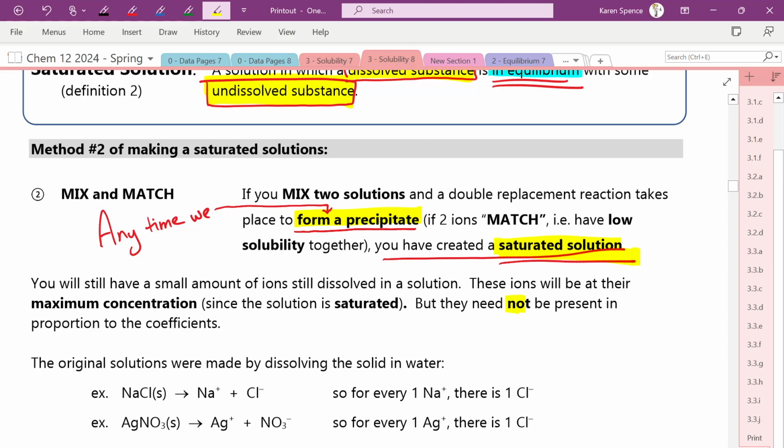And the ions will not be present, I mean, they could be, but they don't have to be present proportional to the coefficients.